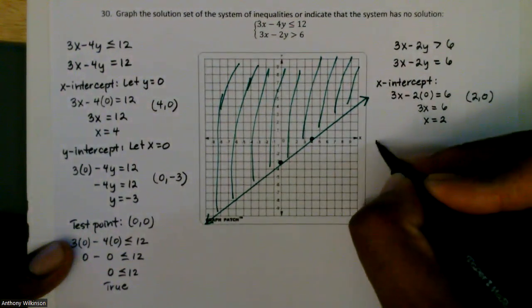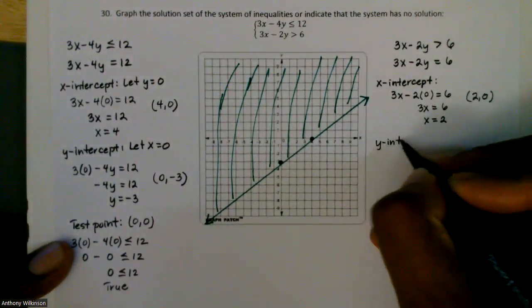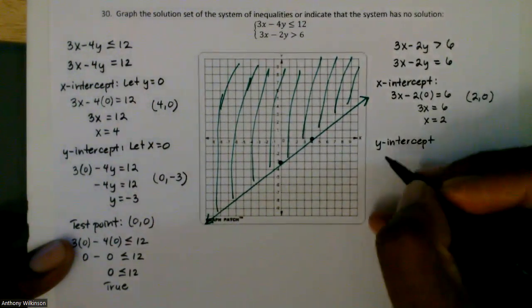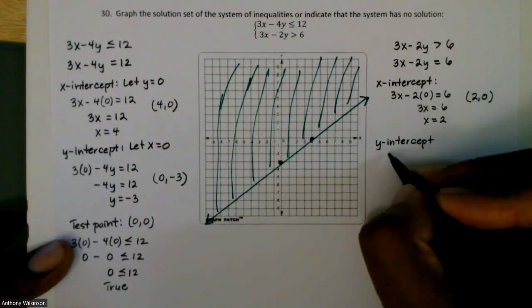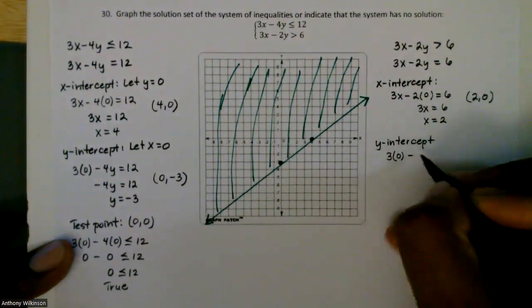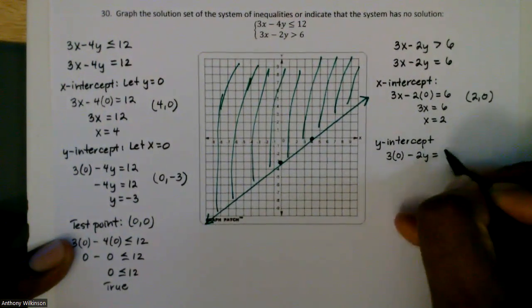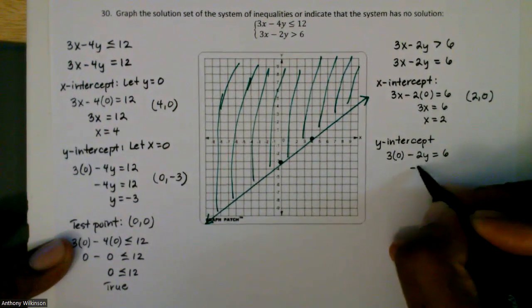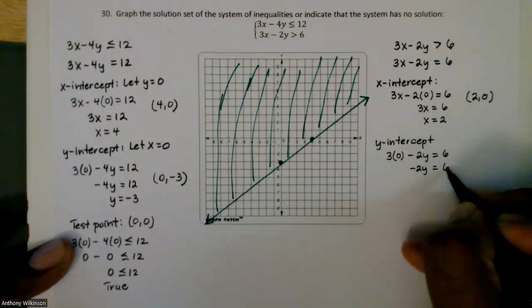And then for the y-intercept, we let x equal 0 and solve for y. So in this equation, we get 3 times 0 minus 2y equaling 6. Well, 3 times 0 is 0, so negative 2y is equal to 6.